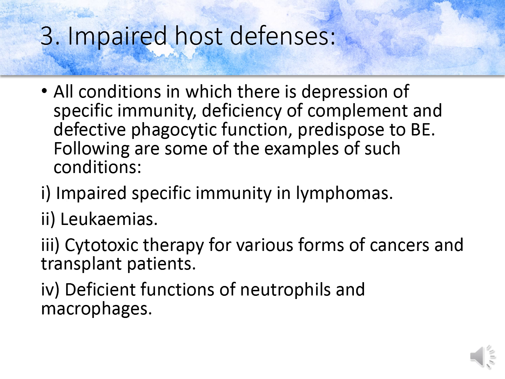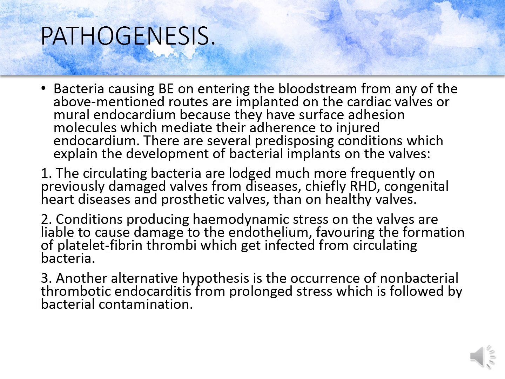For example, lymphomas, which result in impaired specific immunity. So patients with lymphomas may later develop bacterial endocarditis. Various leukemias, the same situation. Cytotoxic therapy for various forms of cancers and transplant patients. Deficient functions of neutrophils and macrophages.